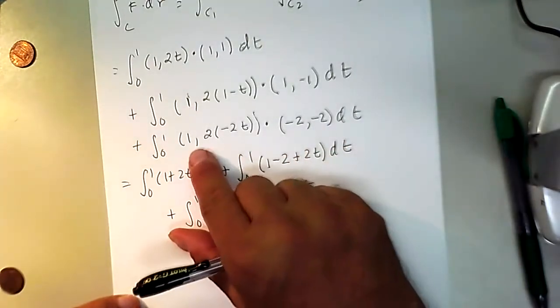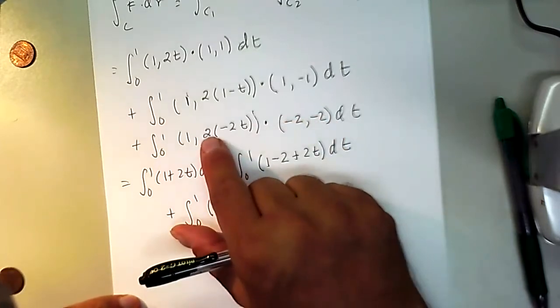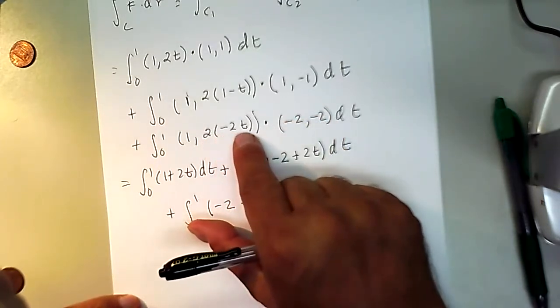Let me double check that one because I want to make sure. Negative 2 times 2 times negative 2 is positive 8t. Okay.